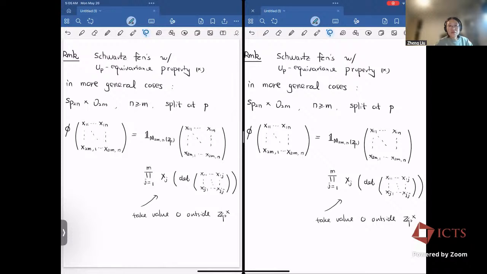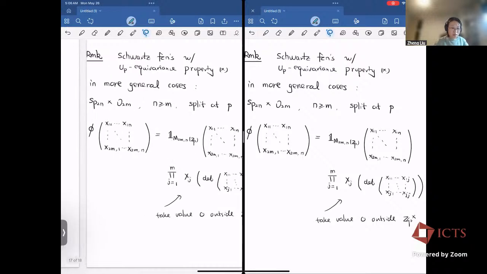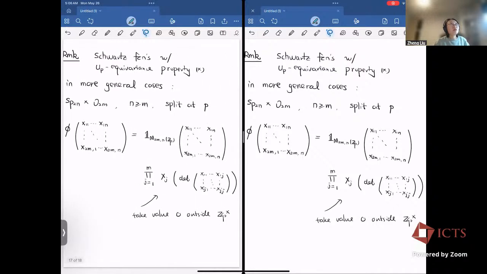Okay. And so last question. You explained how to get a lower bound for the congruence ideal. Do you have any idea for an upper bound, I mean, without using the main conjecture?